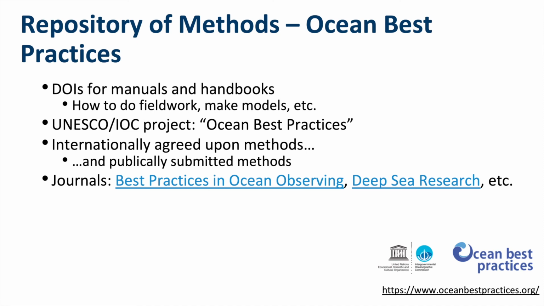A DOI is a digital object identifier for manuals and handbooks. It could relate to fieldwork, modeling, etc. Just ways of writing up best practices in ways that make research, again, reproducible. And some of these are internationally agreed upon standards. Many of them have their own journals that you could even publish these best practices in. So be aware of those, and there's a link at the bottom there.